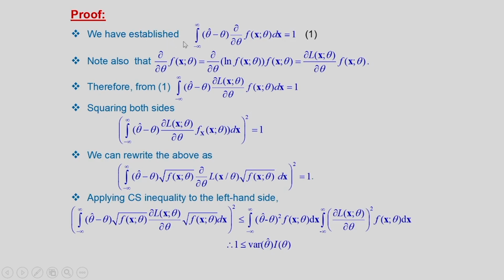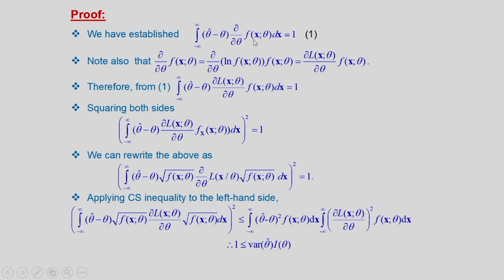Now, we have established that the integration from minus infinity to infinity of (theta hat minus theta) times del del theta of f of x theta dx is equal to 1. Suppose we call this expression 1.